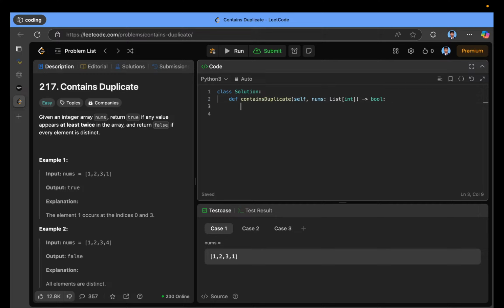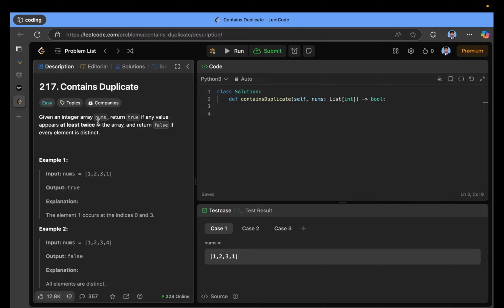Okay, so before solving I have to find how to solve this. My first question is, in this example 1 2 3 1, is it possible that one could repeat more than two times, like 3 or 4 times? Let's understand the question again.